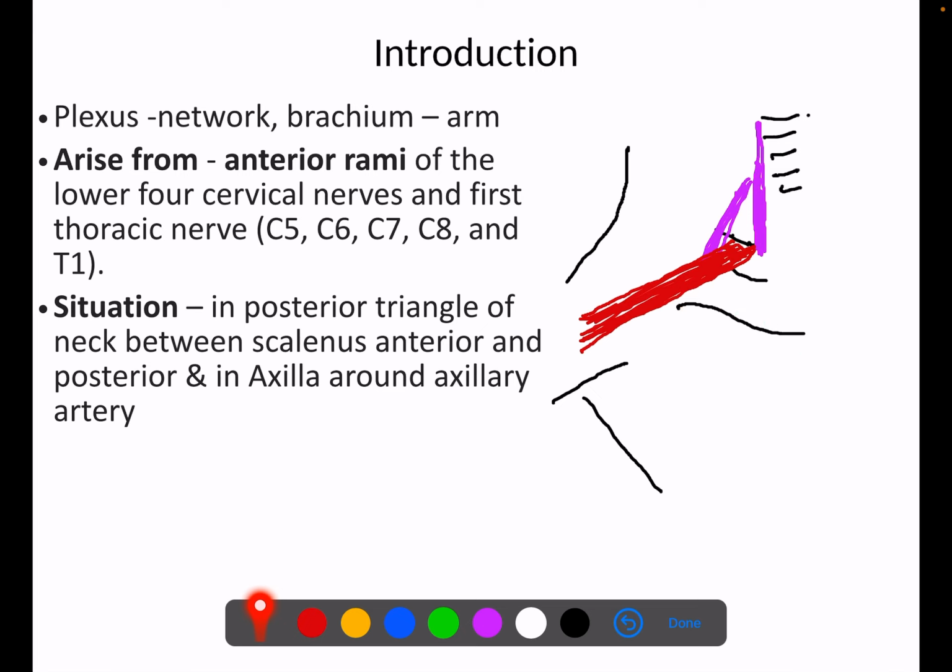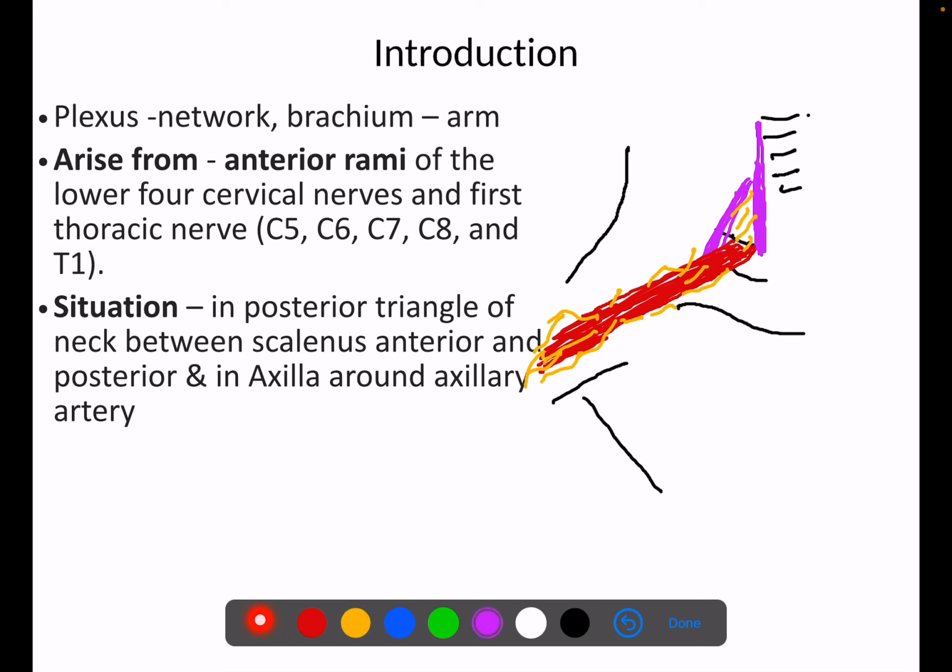So this is axillary artery. Now this brachial plexus is situated around this axillary artery. They arise from the cervical vertebrae as roots. These roots will join and again separate, and they will form trunk, division, and cords, and are situated around this artery, and they extend into the axilla.